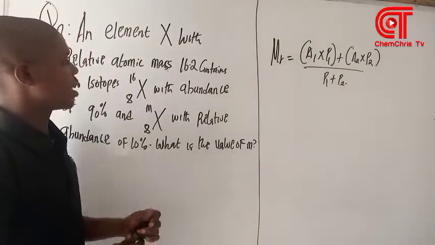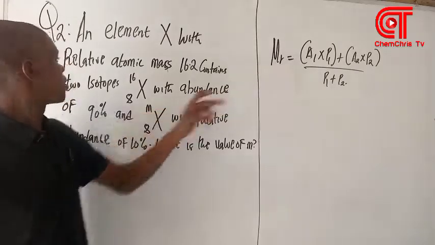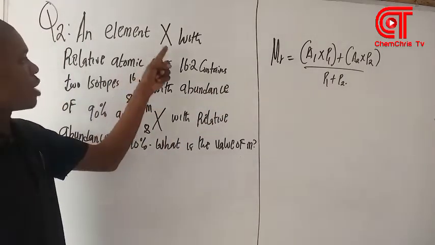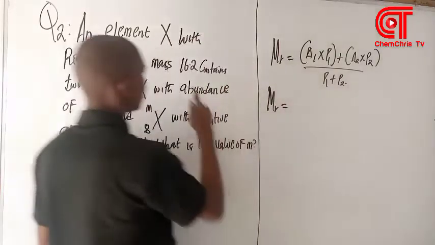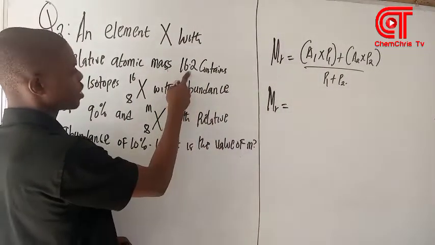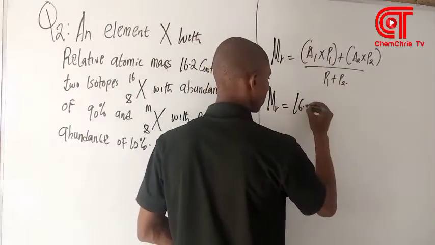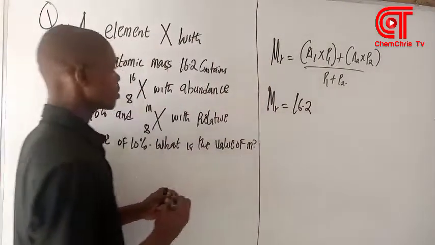Now, the question gives us our relative atomic mass of the element. So my MR is 16.2.